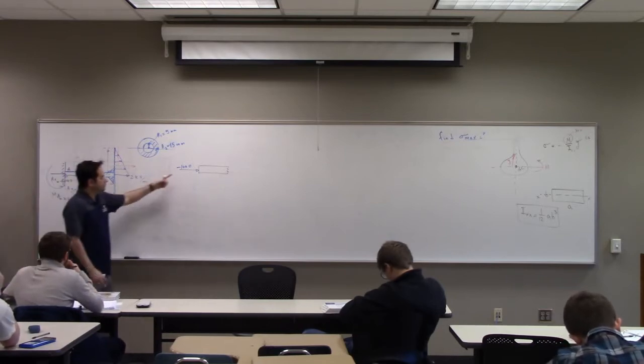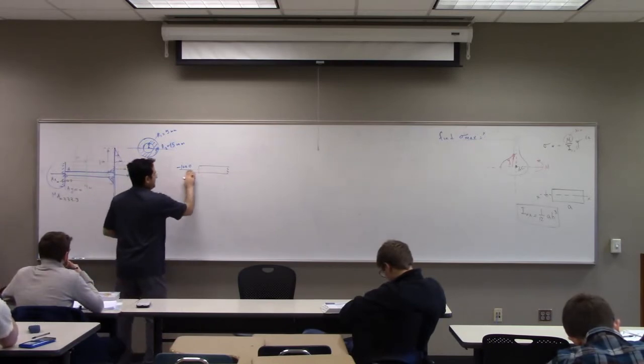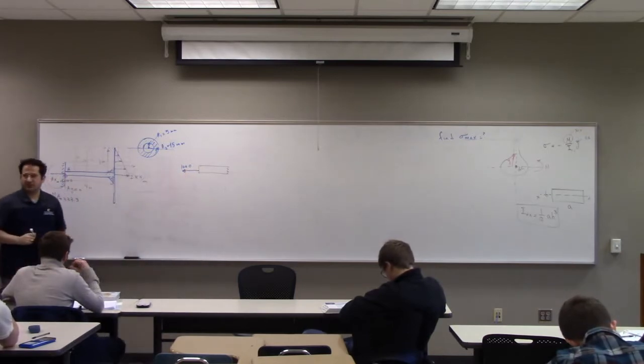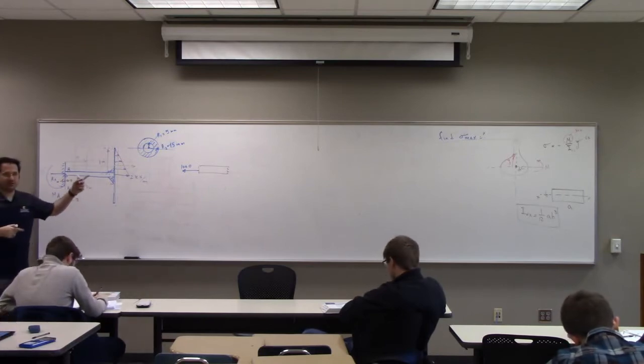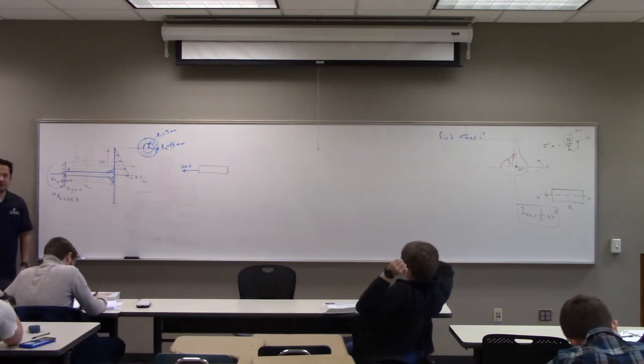So I can do this, that's completely right. Or I can make it this way and make it positive. Either way. But when you flip it, please change the sign. This is one of the things I grade. I see everything is right, but the end result is not right.